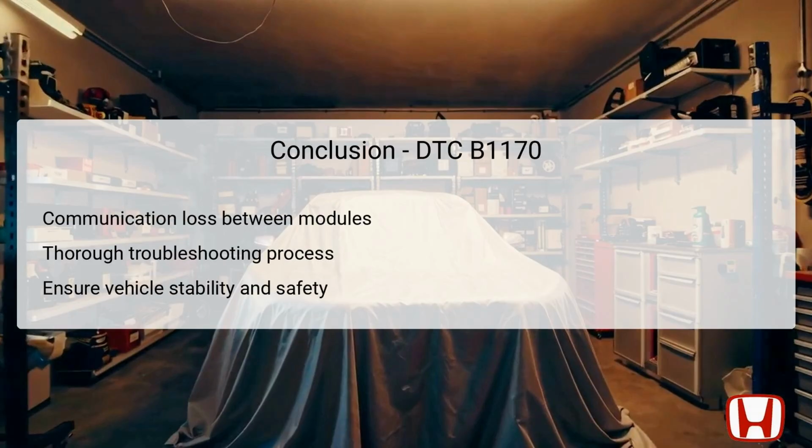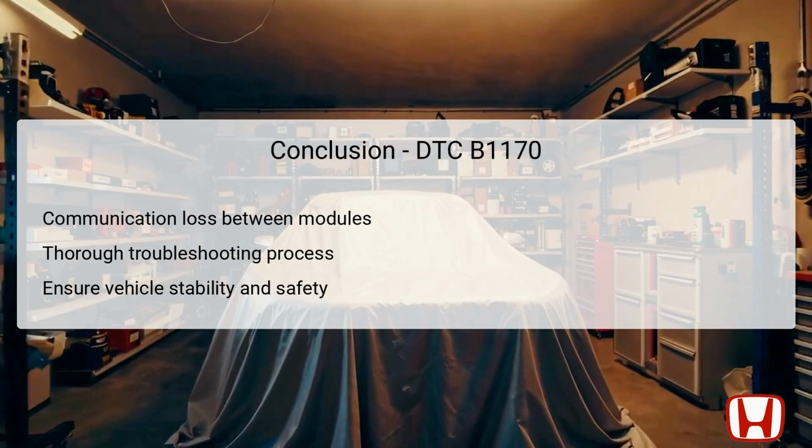In summary, the DTC B1170 signifies a loss of communication between the gauge control module and the VSA ABS modulator control units. Understanding the roles of these components, their placements, and how they interact is essential for effective troubleshooting. Through a systematic process involving diagnostic checks, continuity tests, and careful evaluation of connectors and settings, technicians can identify and rectify the root cause of the problem.